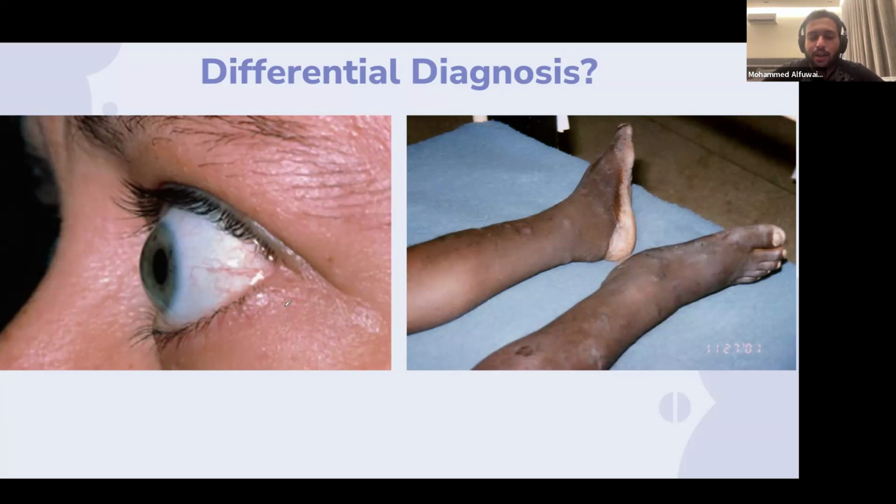In the eye, it causes this, which is what? Protruding of the eye. Exophthalmos, good. How about here? They have lower leg edema that is non-pitting.